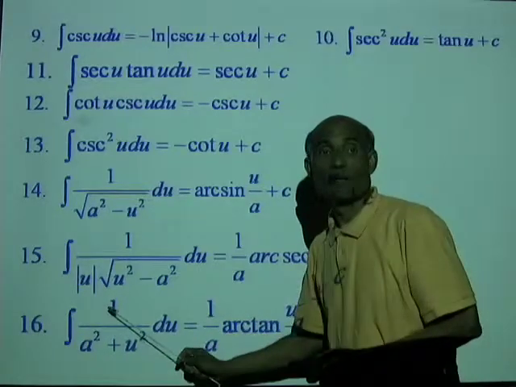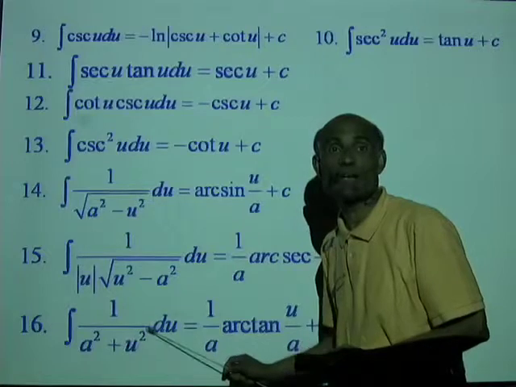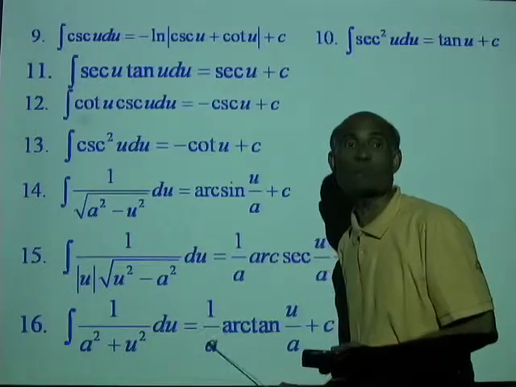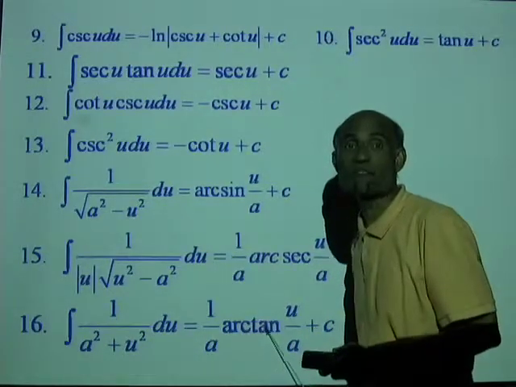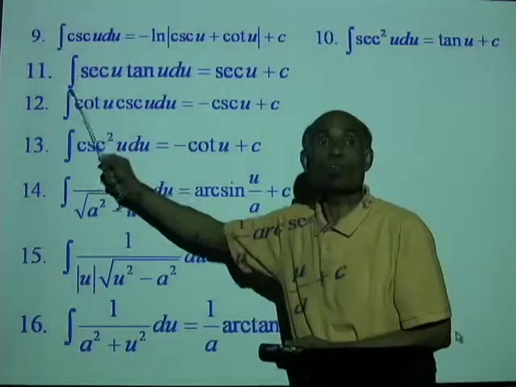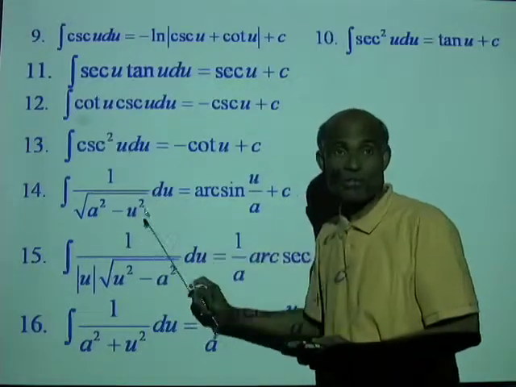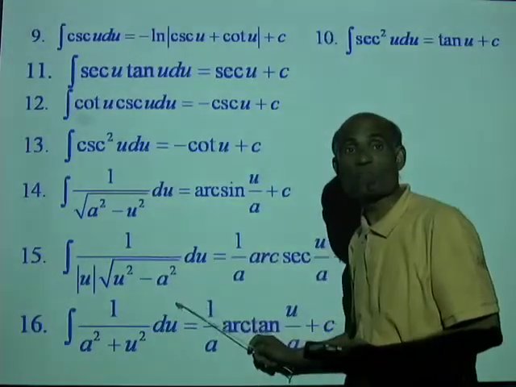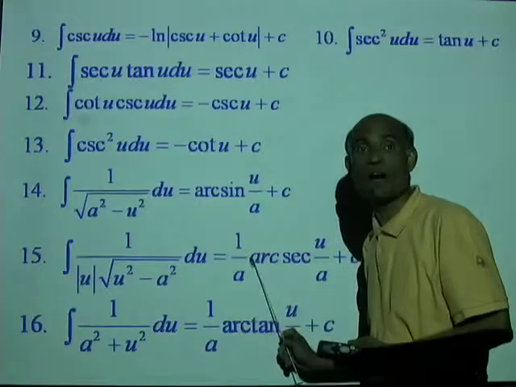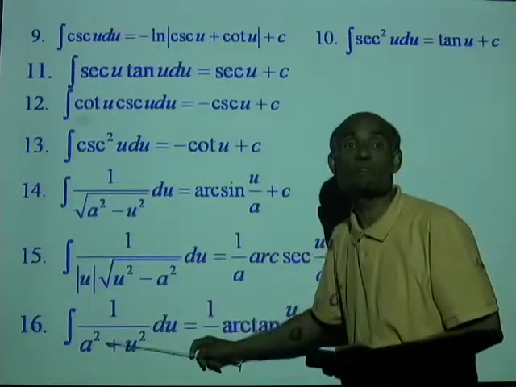Next one. Integral 1 over a squared plus u squared du is 1 over a arc tan u plus c. So in addition to all the trig integrations that we have done, very important, these three inverse forms, arc sine, arc secant, arc tan, are vitally important.